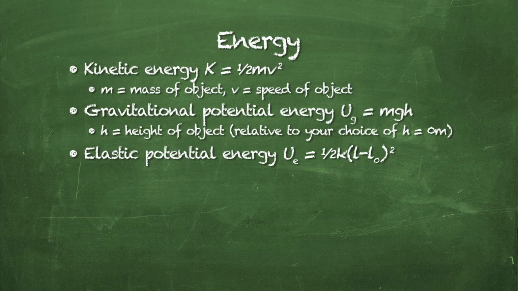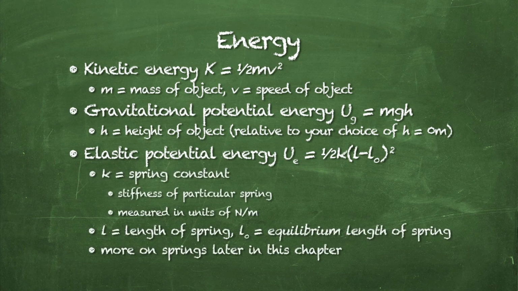L would be the stretched or compressed length of the spring. And k is something called the spring constant. The spring constant has units of newtons per meter. That's actually the newtons of force it takes to stretch the spring by 1 meter, and that is a measure of the spring itself.